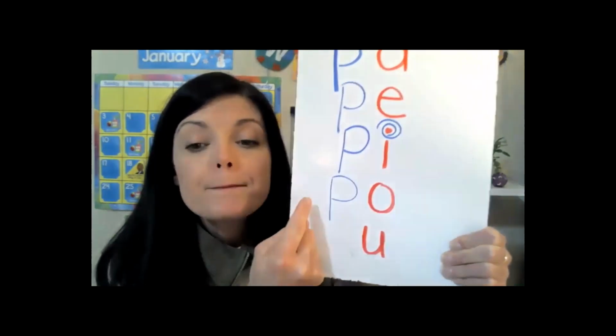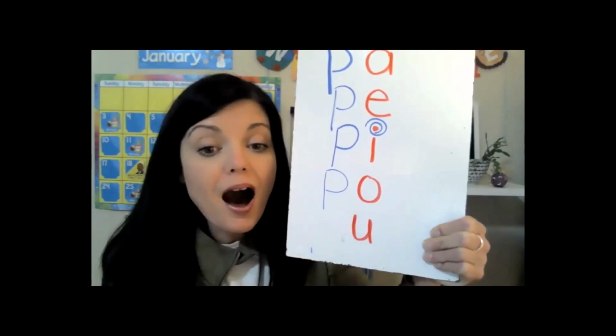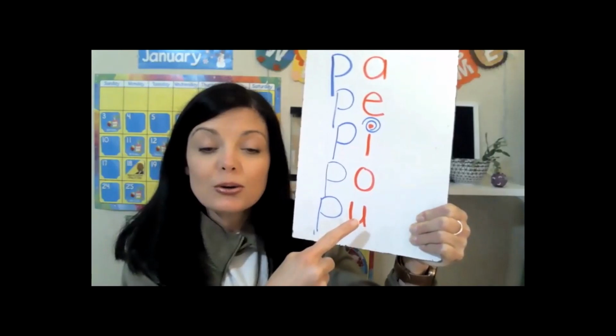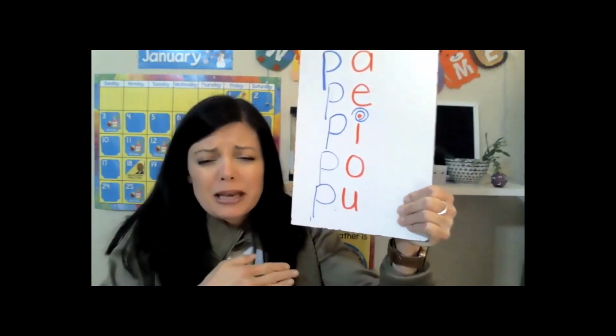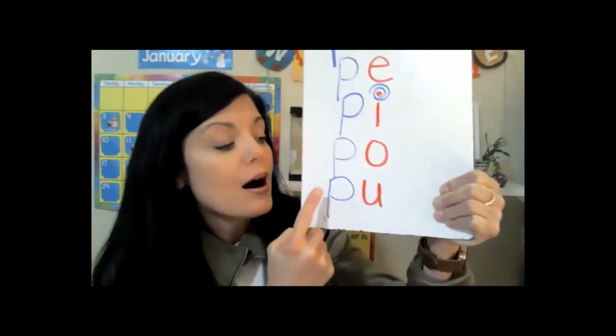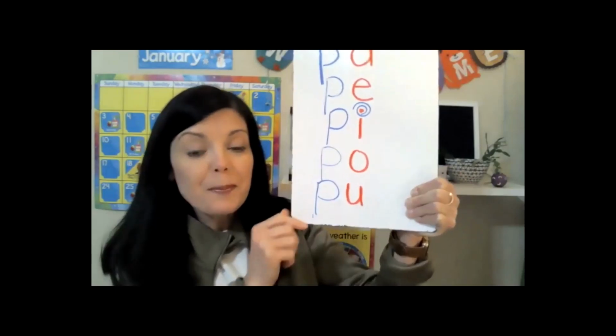P, ah, paw, paw, paw. Now let's blend with the letter U. U sounds like this. When you have a tummy ache, you say, oh. Here we go. Paw, paw, paw, paw.